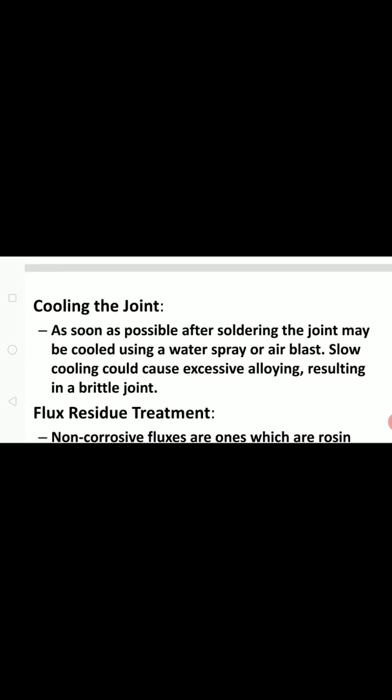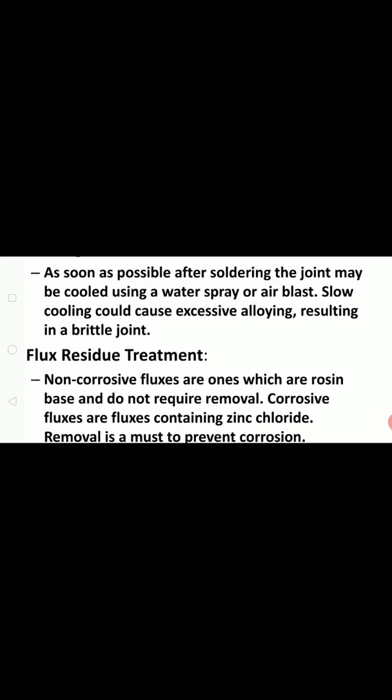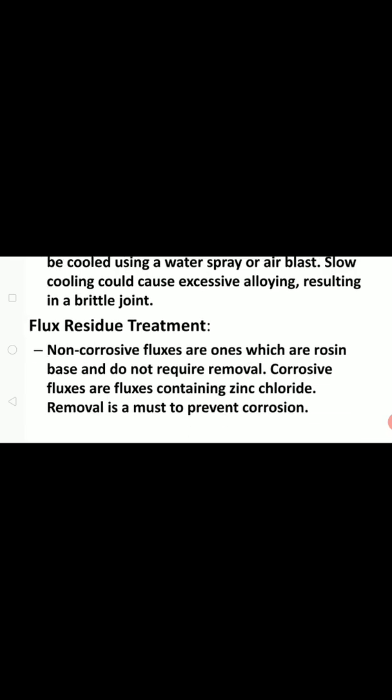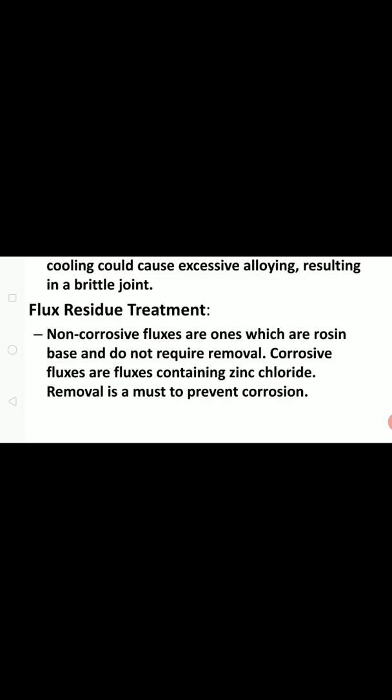As soon as possible after soldering, the joint may be cooled using water spray or air blast. Slow cooling could cause excessive alloying, resulting in a brittle joint. So, optimum cooling has to be provided for cooling the joint. Then flux residue treatment. Non-corrosive fluxes are those which are rosin based and do not require removal.